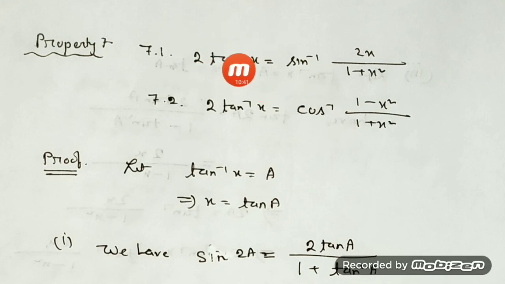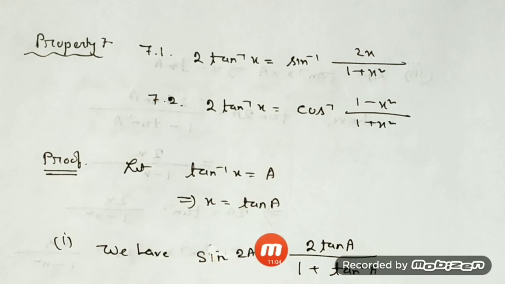Tan inverse x equal to suppose A, that gives you x equal to tan A. Now you see, this I have taken as A, so it becomes twice A. As I need the answer in terms of sine inverse, if I bring sine to this side, it becomes sine twice A. So use the formula of sine twice A in terms of tan. What is the formula of sine twice A in terms of tan?